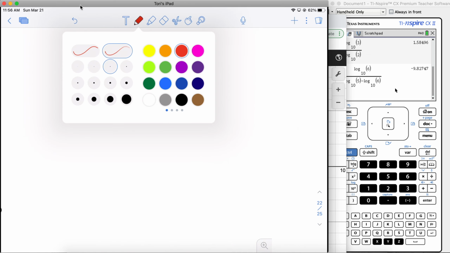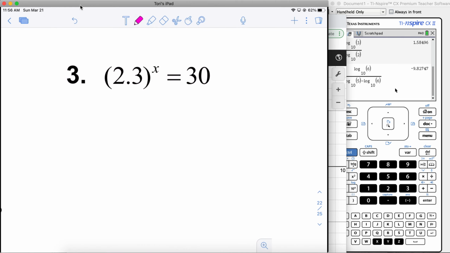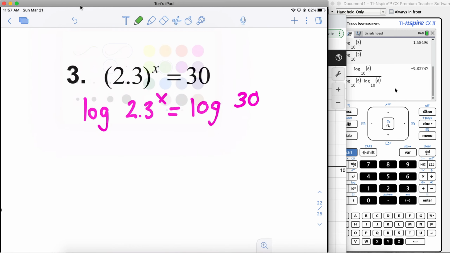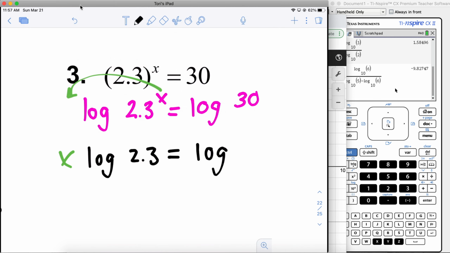First thing I'm going to do is expand it, is take the log of both sides. So log of 2.3 to the x equals log of 30. Take that exponent and drop it out front, so x log of 2.3 equals log of 30.